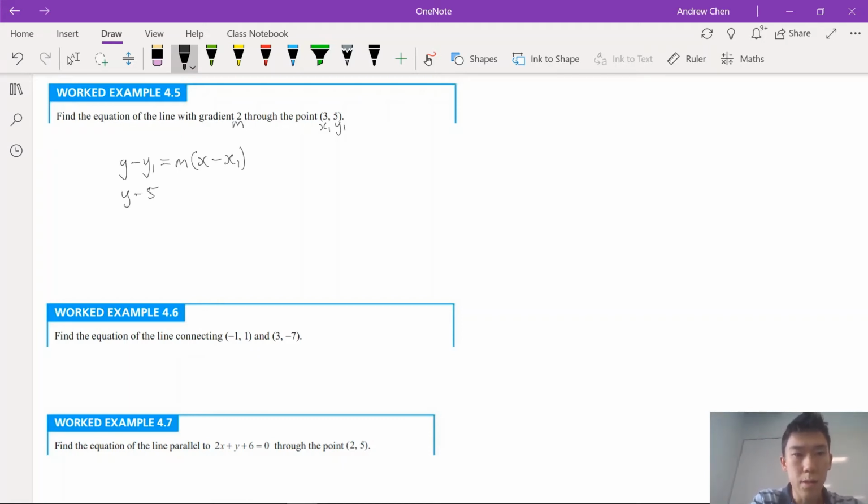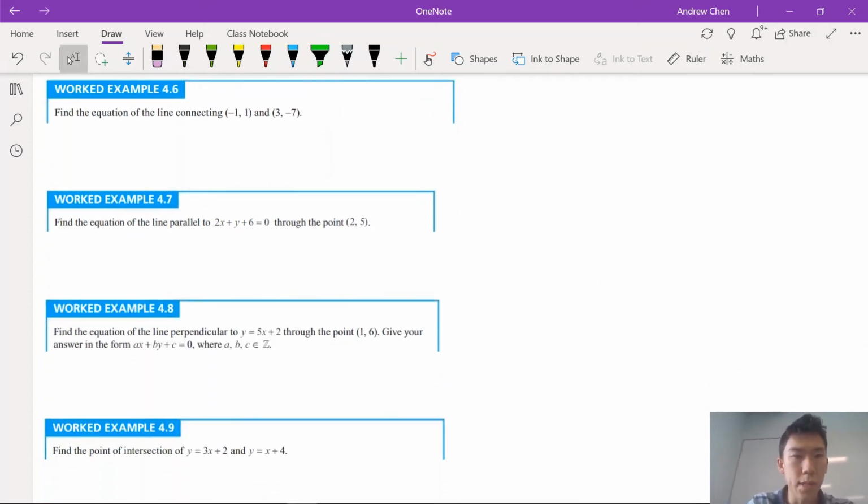Sub in all our values, so y minus 5 equals 2 outside x take 3. And we're not told what form to put this equation in, so maybe I just do an extra step of arranging it into y equals mx plus c form. So expand my brackets, add 5 to both sides, so I'll get y equals 2x minus 1. Done.